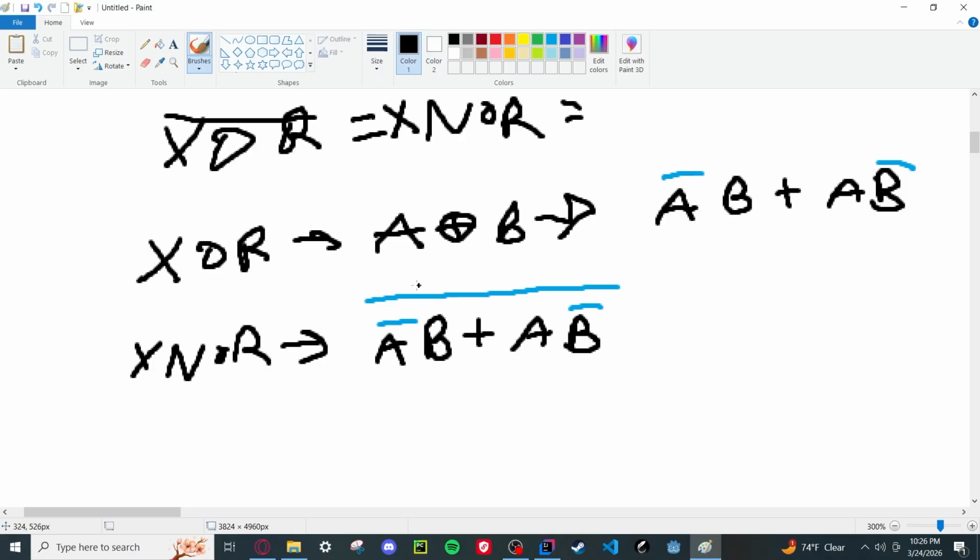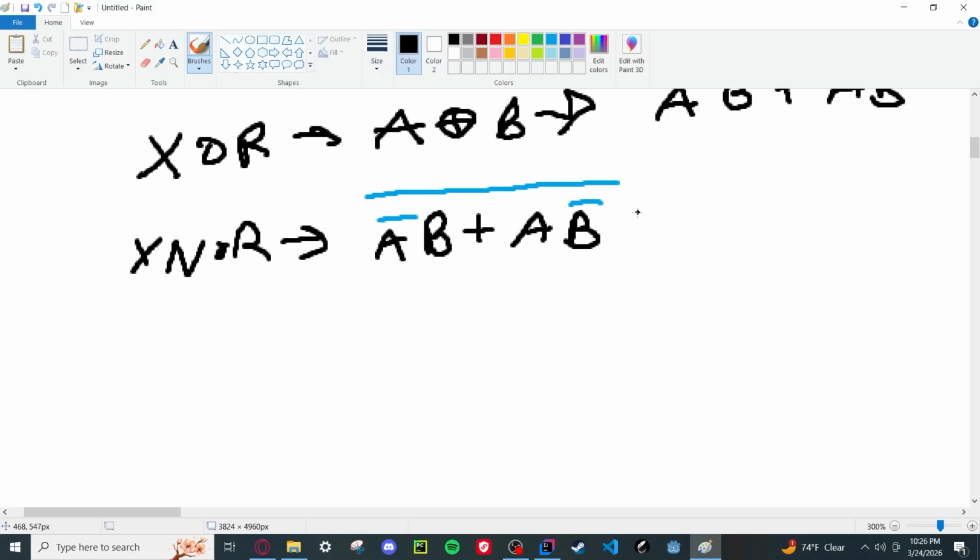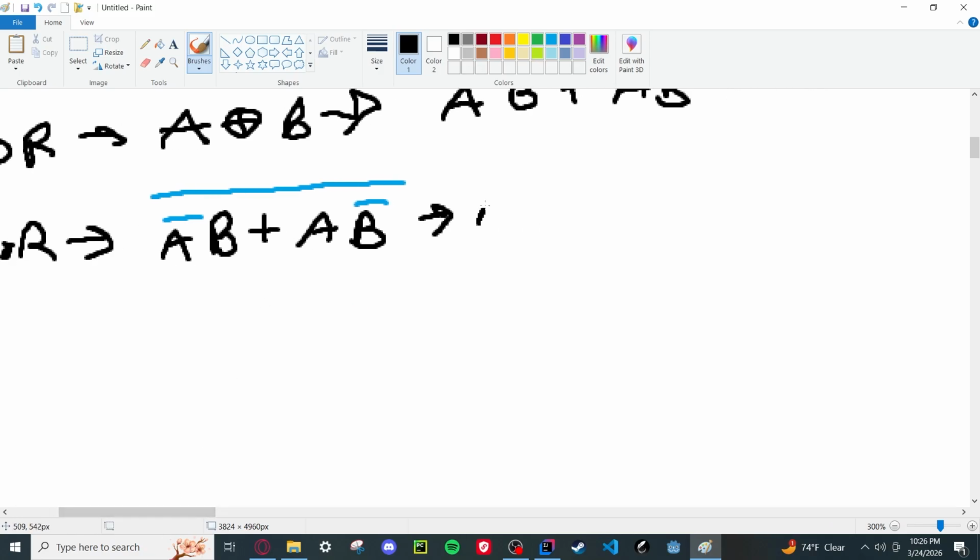So by applying De Morgan's onto this, we will be given A plus B naught multiplied with, or anded with, A naught plus B.